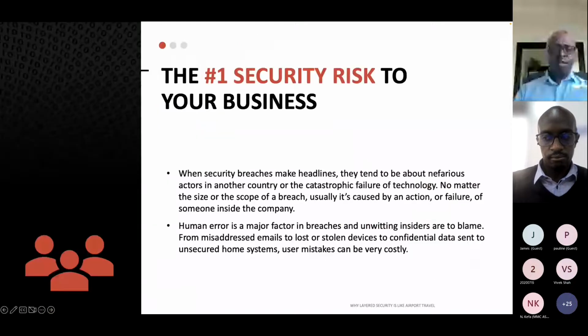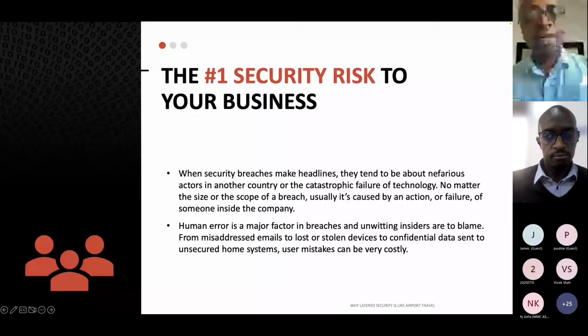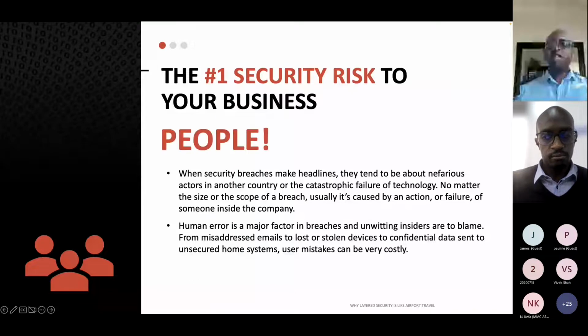So the number one security risk to your business is actually people. So if you have staff members, the more you have, the more at risk you are. Your staff are actually your weakest link, because when security breaches make headlines, they tend to be about nefarious actors in another country or the catastrophic failure of technology.